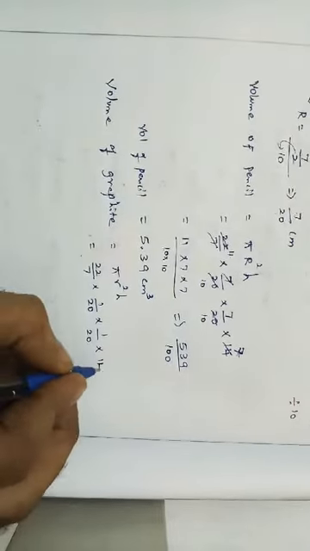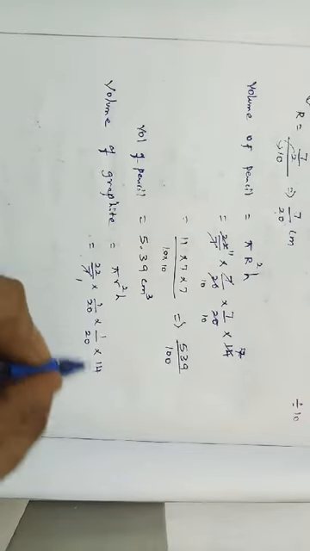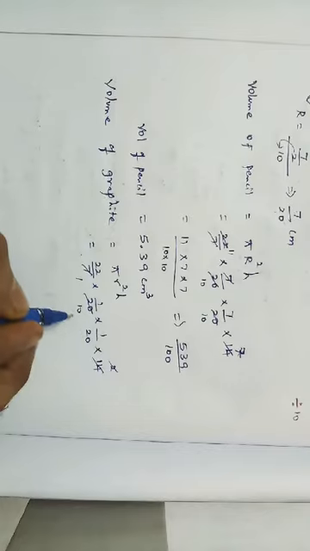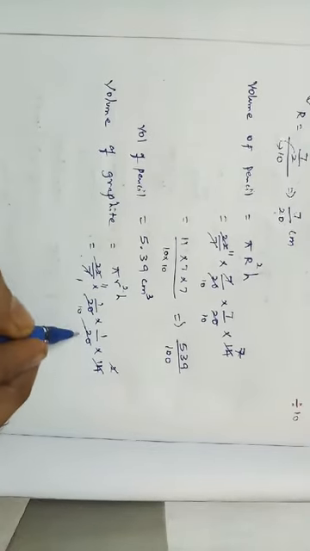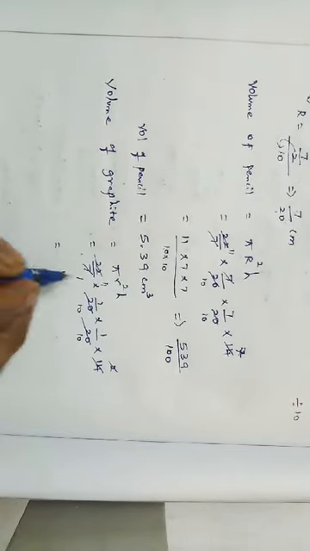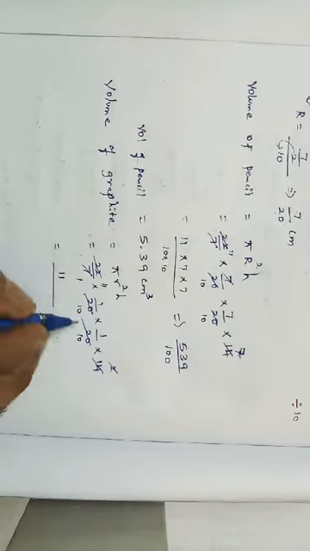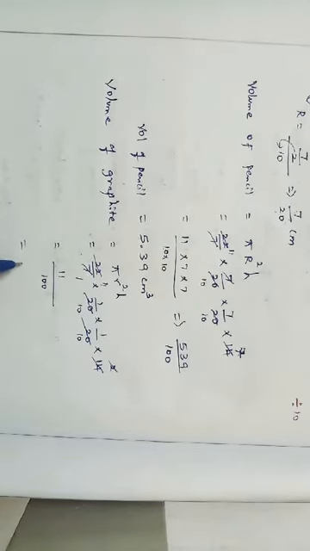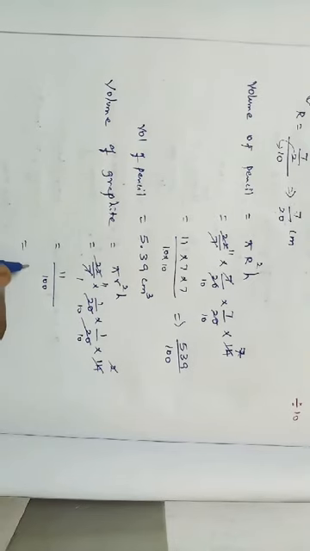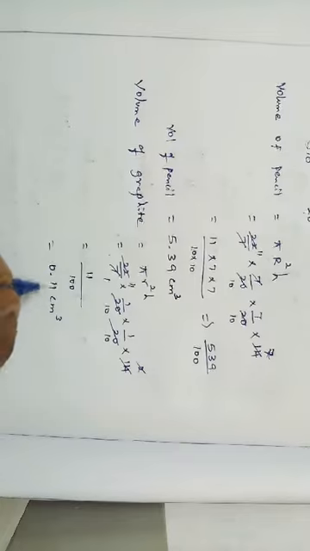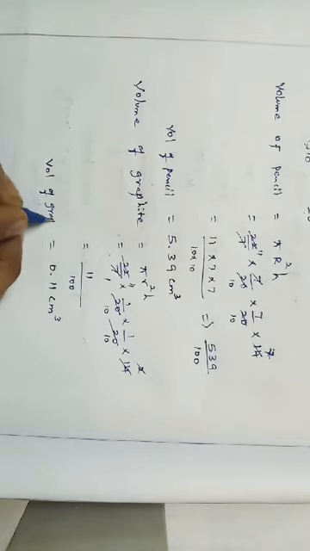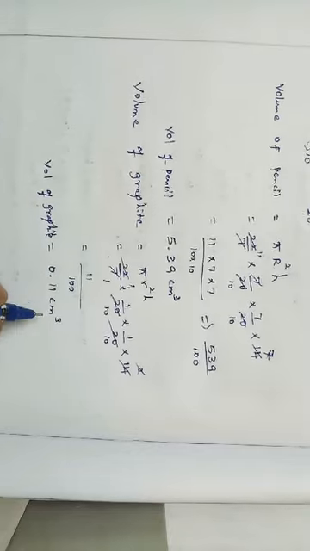Simplify. 7 ones are 7, 7 twos are 14, and 2 table 10 times, 2 cancel. Here also 11 times 10. So 11 into 1 into 1, 11 divided by 10 into 10, 100. So it is 0 point, two digits before we put a point, so 0.11 centimeter cube. Volume of graphite is equal to 0.11 centimeter cube.